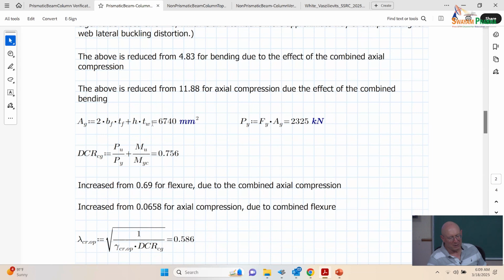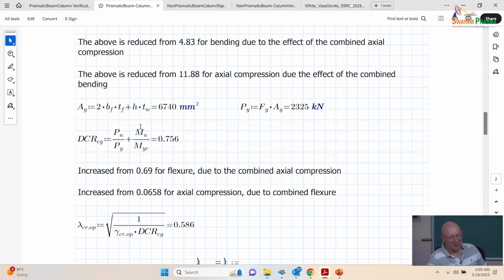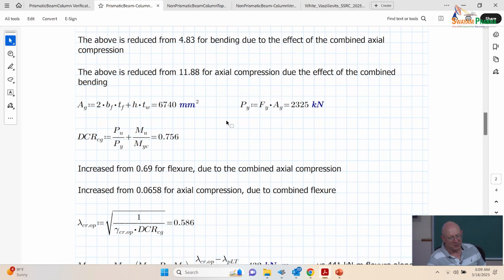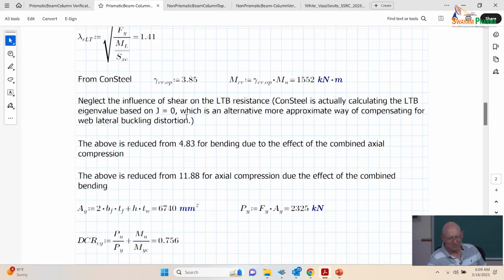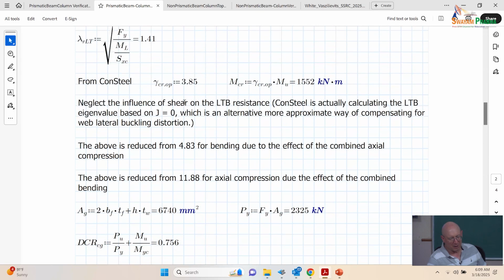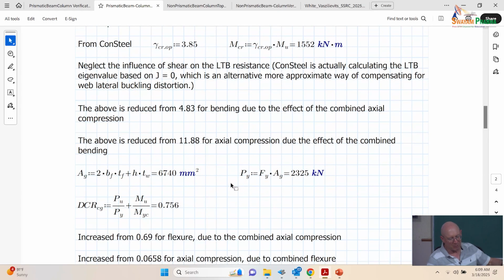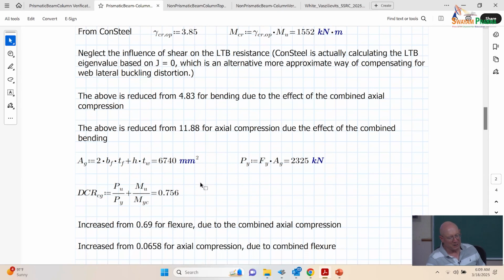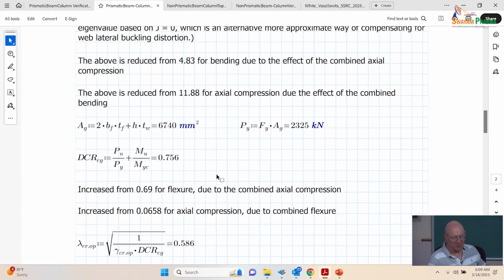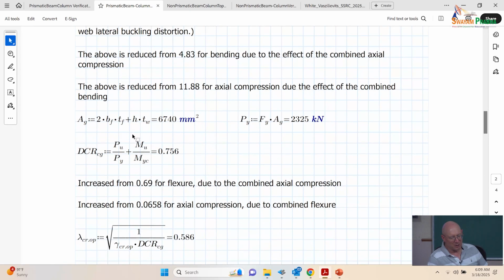All right, so we're not quite done. We need to get, given our M criticals and also our load corresponding to critical load, the demand to capacity ratio under combined compression and bending. So to go there, okay, I've got a yield moment.